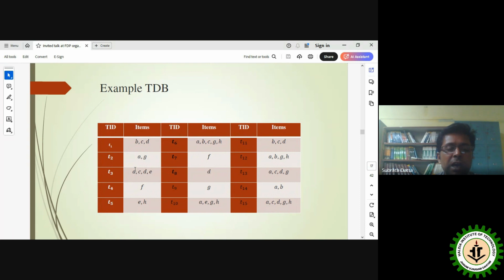If we consider T2, that is AG, and look closely at how many other transactions this set AG has occurred in, we find AG in T6, in T10, in T12, in T13, and in T15. If A is Jaipur and G is Udaipur, then T2 means a particular Mr. X, suppose, wants to visit Jaipur and Udaipur.